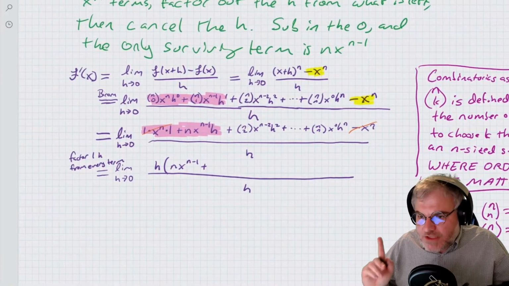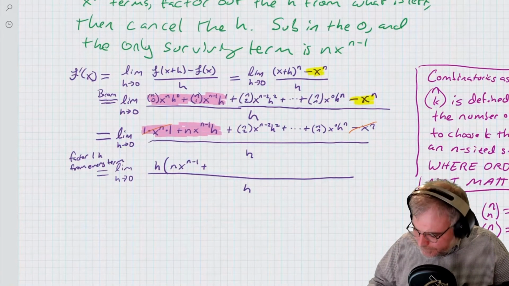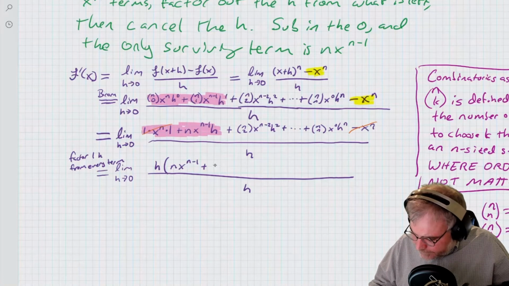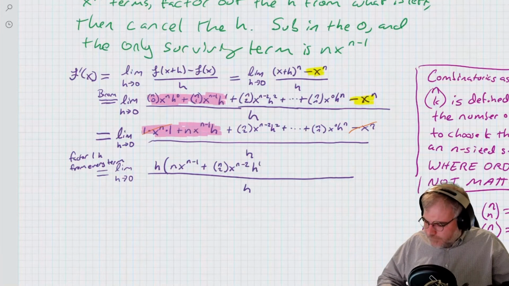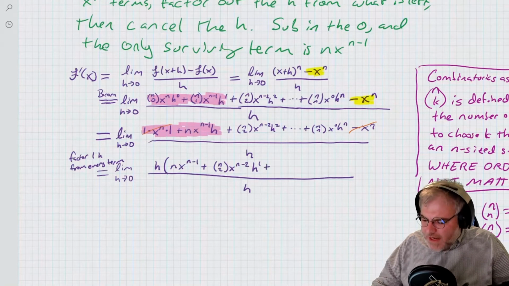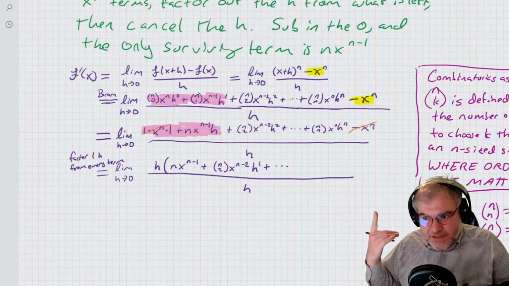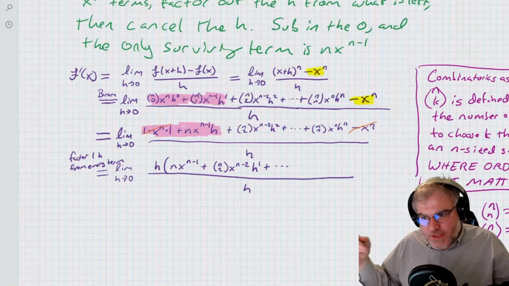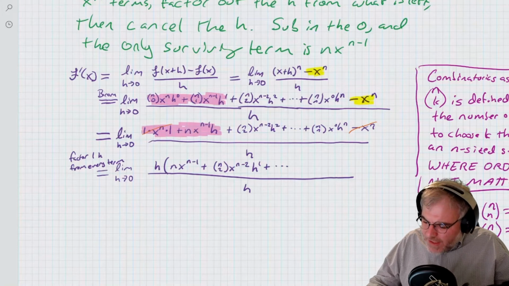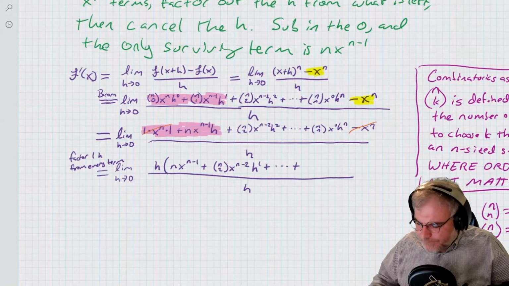The second term has two h's. I'm going to take one. The third term is going to have three h's. I'm going to take one. The fourth term will have four h's. I'm going to take one. And so on and so forth. The nth term has n h's. I'm going to take one.